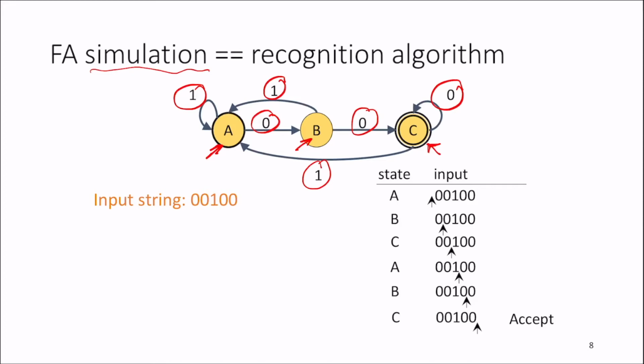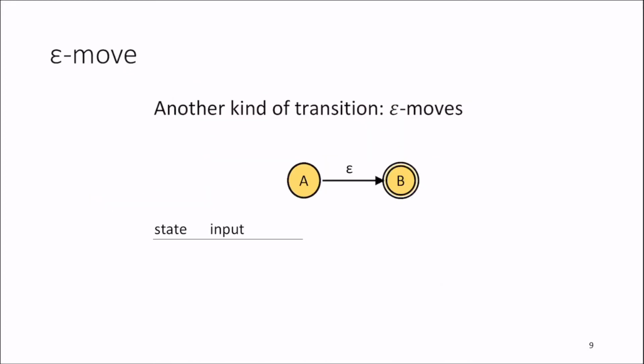So now let's make our finite state machines a little bit more expressive, and let's introduce another kind of transition, which is on an empty string. We call that an epsilon move.